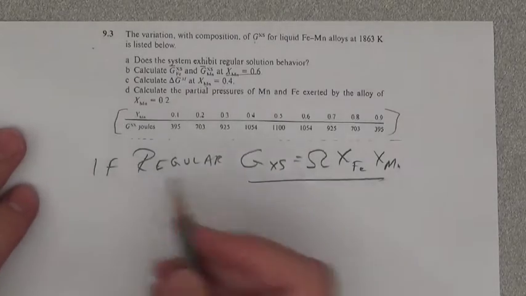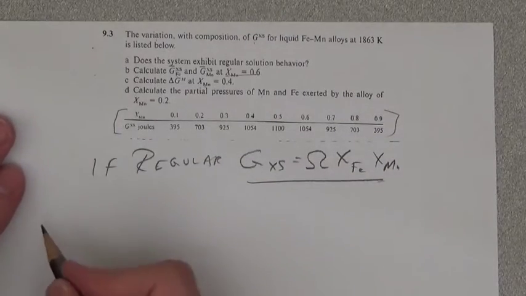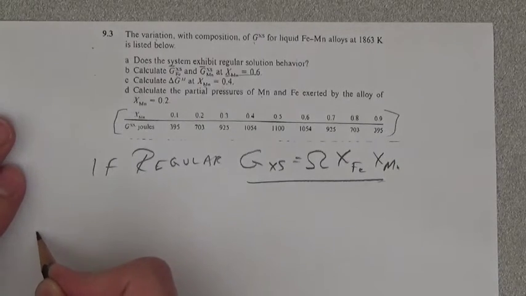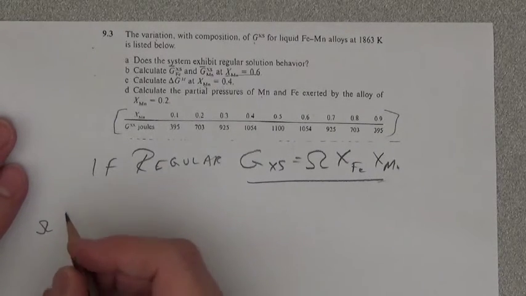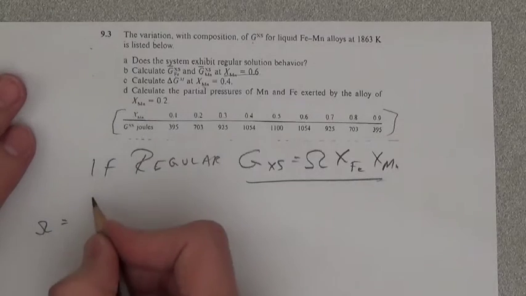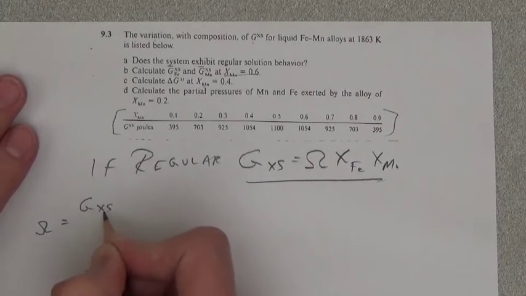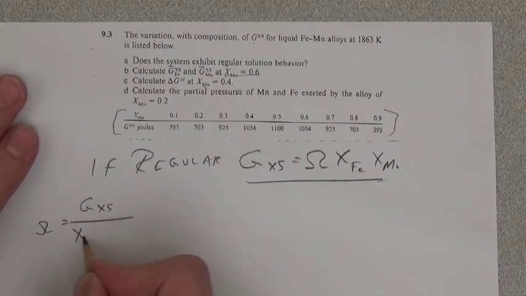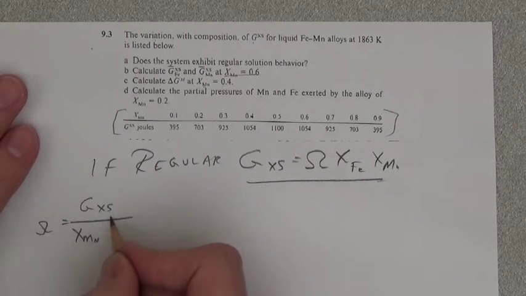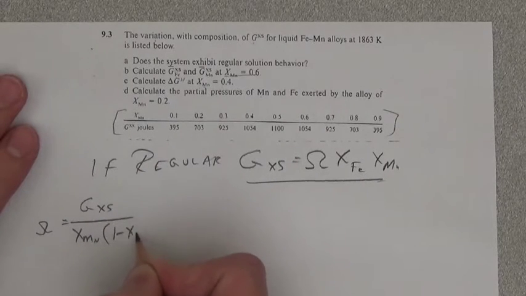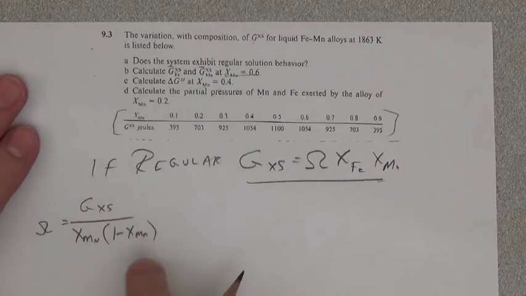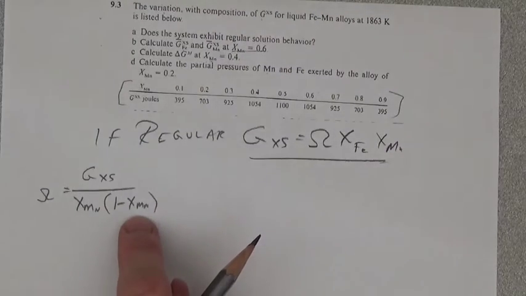Which means that if this works, then we should be able to say that omega equals GXS over XMN times 1 minus XMN, so that's X iron.